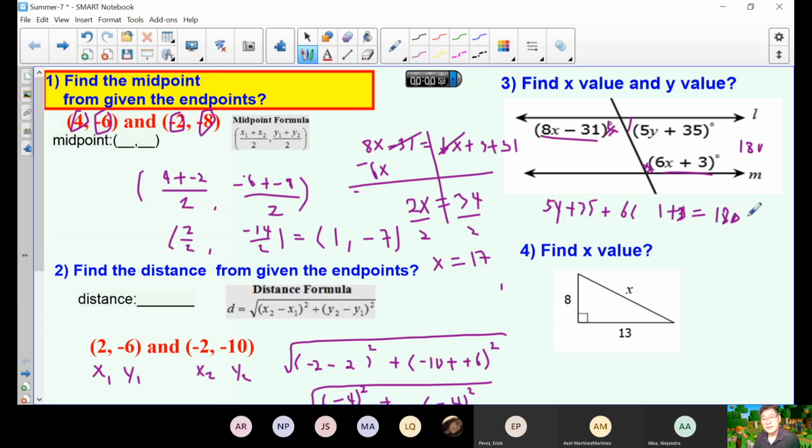Oh, my pen is acting up. So 6x plus 3, right? So x is what? We get the x value. What is x? 17. So we have one equation, one variable. We can solve this one, right?